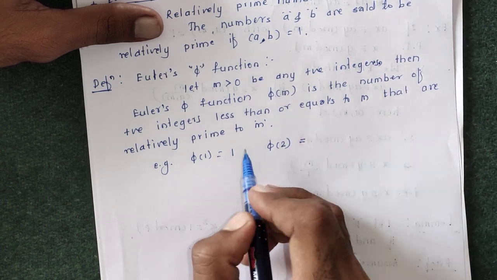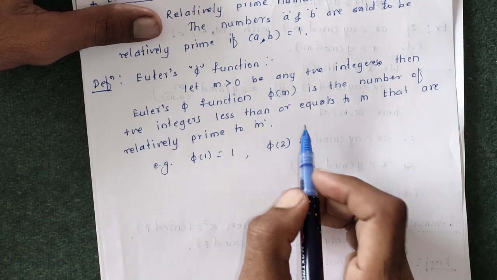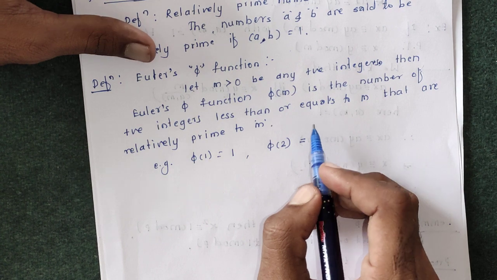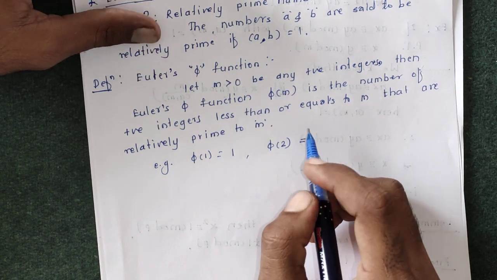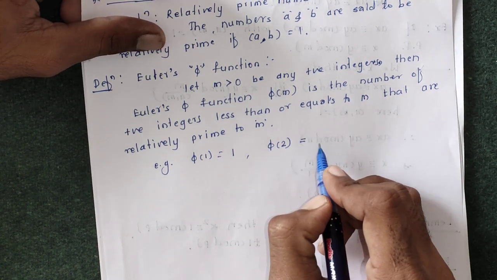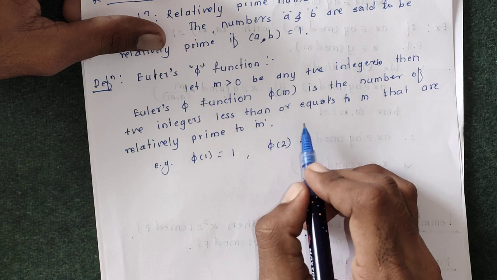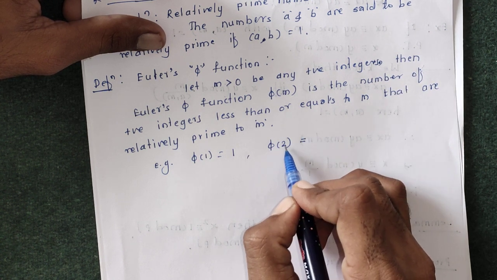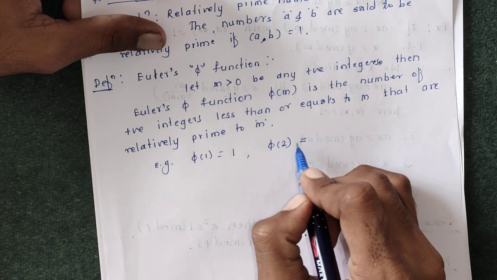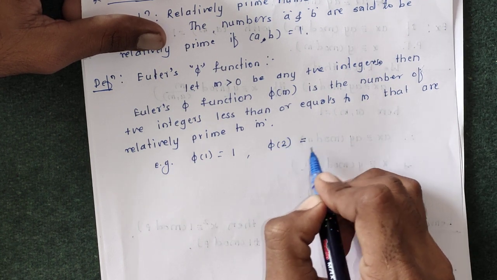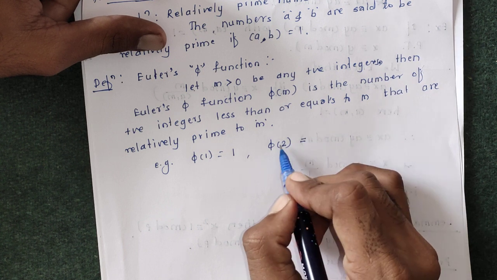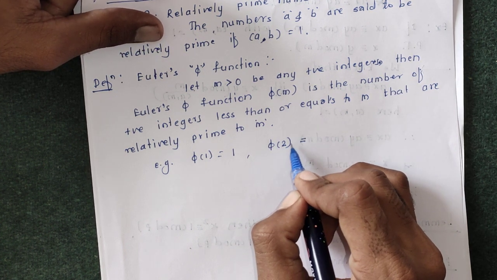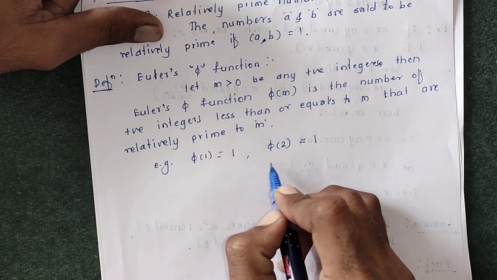We don't have to find which integers, we have to find the total number of integers less than or equal to m which are relatively prime to m. Here the positive integers less than or equal to 2 are, first of all, 1. GCD of 1 and 2 is 1. Now the second integer is 2, but GCD of 2 and 2 is 2. So 2 is not in our counting, so phi of 2 is equal to 1.